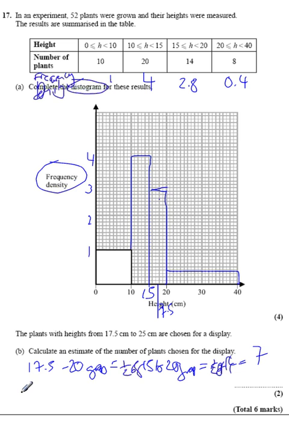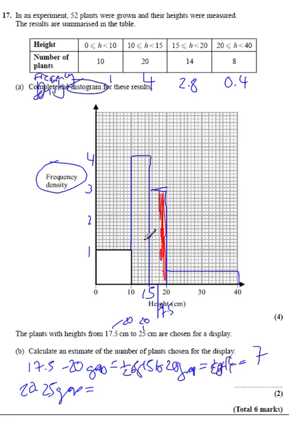For the 20 to 25 section, I'm splitting this into 17.5 to 20 and 20 to 25. So this group is a half of the 15 to 20 group. I should bring in some colors here. So this area is half of that bar. So that covers 17.5 to 20.